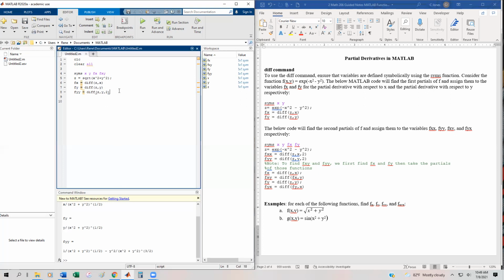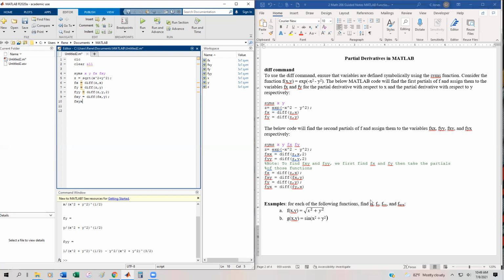Now, we're going to have to be sly as to how to get to fxyx. So we already have fx from before. I'm going to say fxy is going to be the derivative of fx with respect to y this time. Now I'm going to suppress that because that's not really what we want. We really want fxyx.